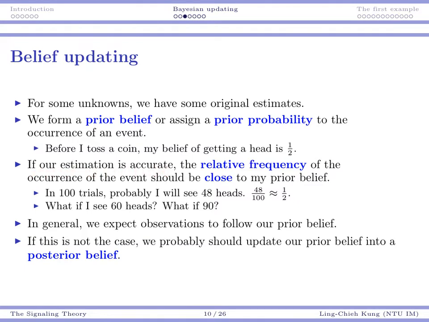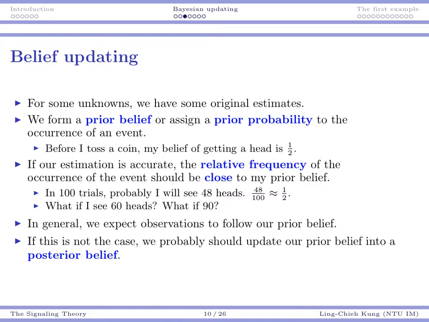Suppose my estimation is correct, then if I do an experiment by trying that particular experiment many times, the relative frequency of the occurrence of that event should be close to my prior belief. For example, if I toss a coin 100 times, probably I will see 48 heads, because 48 is close to 50. That counts for 1/2 of the probability.